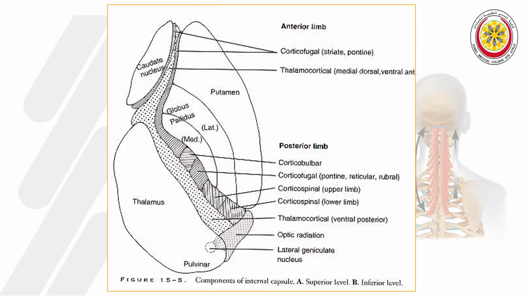Starting from the genu and posterior limb, you see corticobulbar are there, corticofugal are there, pontine ones, corticospinal are there, corticospinal another group is there. Then we have some thalamocortical here, and then we have the optic radiation from the lateral geniculate. So this is the somatotopic organization in the internal capsule.